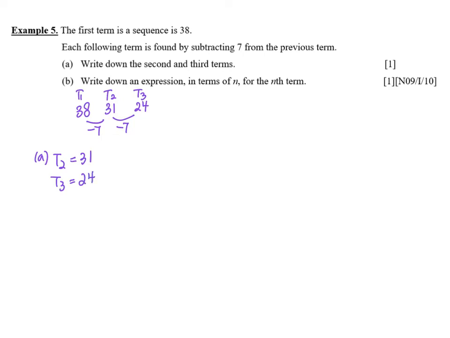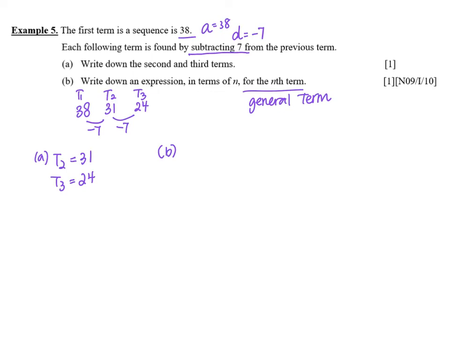Now we're going to find an expression in terms of n for the nth term. That means we're going to find the general term. We have gone through this before. For terms with a common difference, in this case, I'm subtracting 7 from my previous term. 38 is my first term A. The difference here is negative 7, A is 38. So we have two different methods.